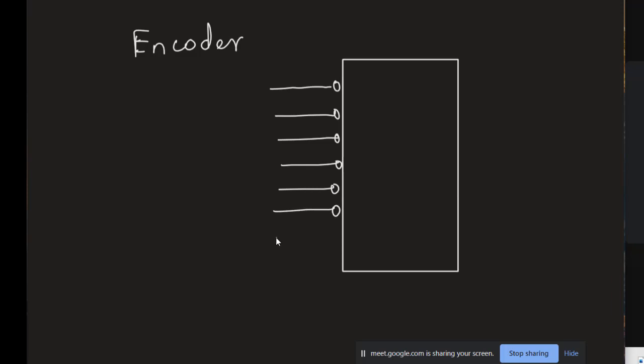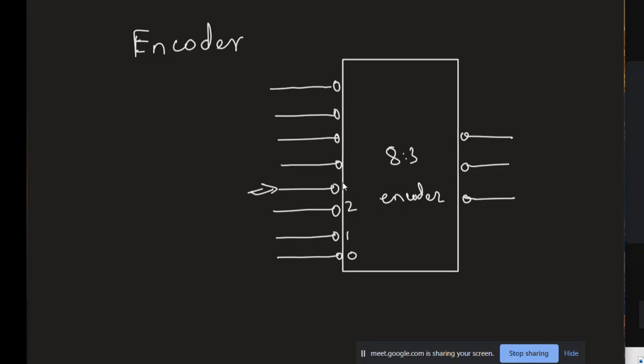So in the encoder it will be something like the same way. What the encoder is going to do, this is also called an 8:3 encoder. So each combination at the input, any one single input line when activated, suppose I'm activating this input line, 0 1 2 3 4 5 6 and 7. For example, I have labeled each line 0 1 2 up to 7.